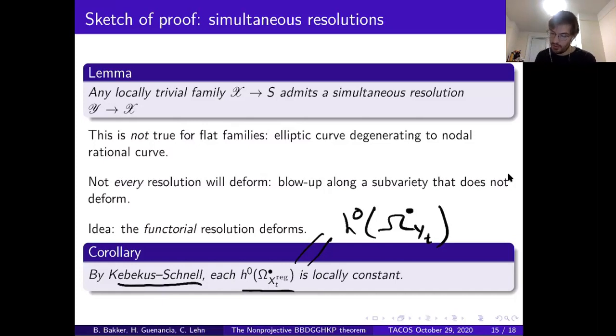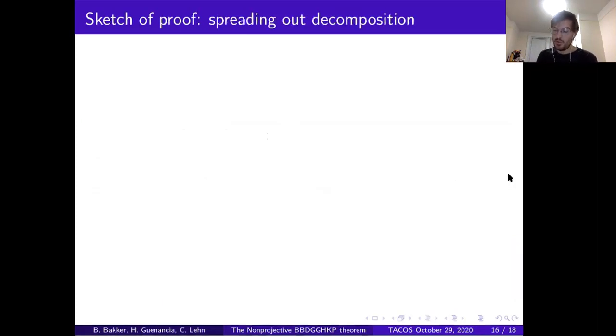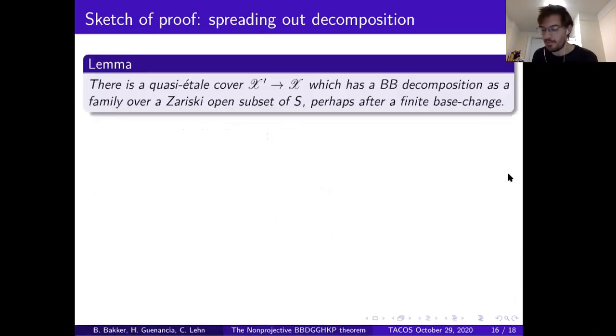Okay, great. So with those observations in place, we can now prove the second main part of this argument, which is that if we have this locally trivial family, X over S, then there is some quasi-étale cover of the whole family which has a Beauville-Bogomolov decomposition for all the fibers in some Zariski open subset, possibly after a finite base change.